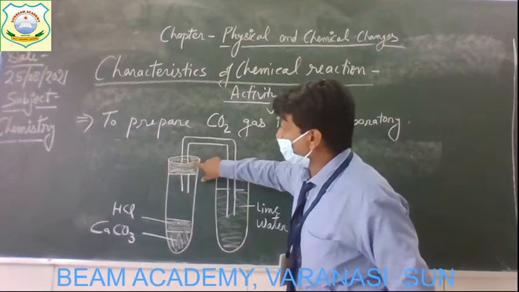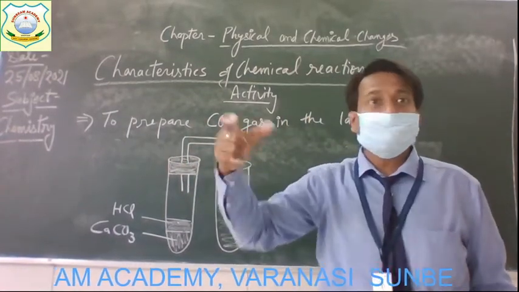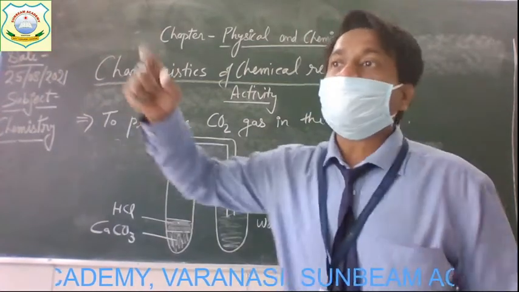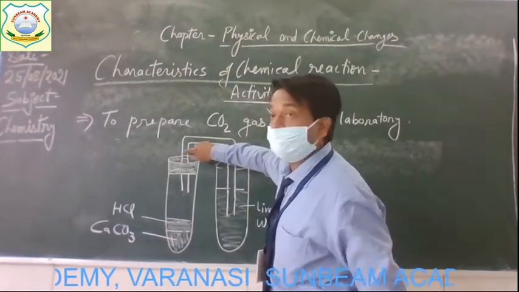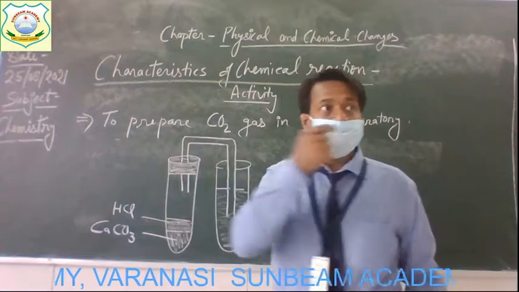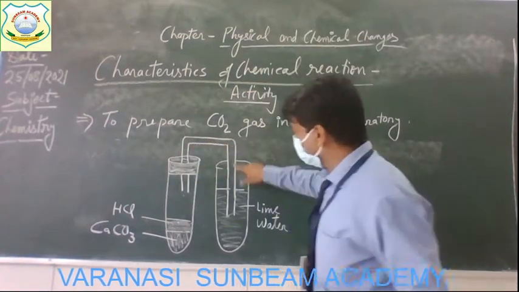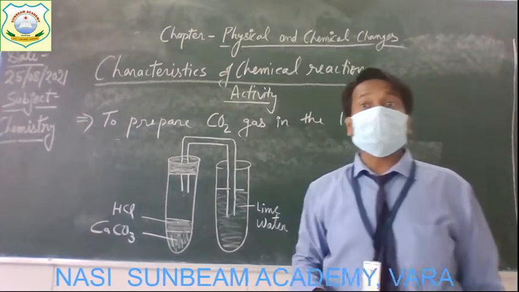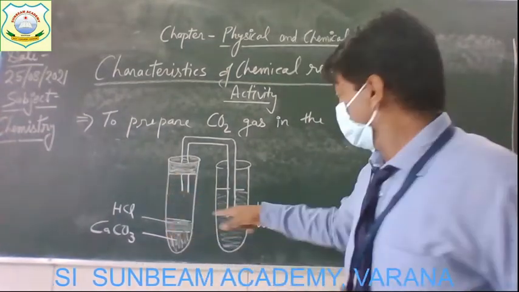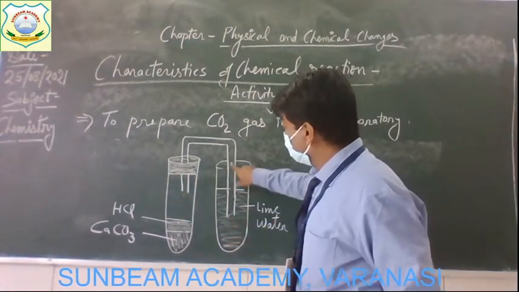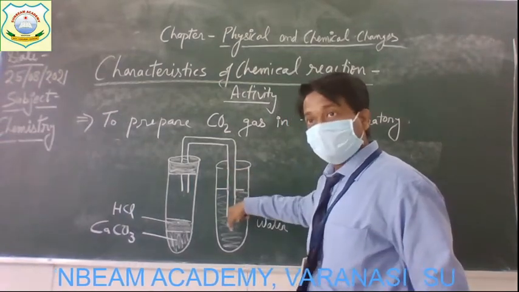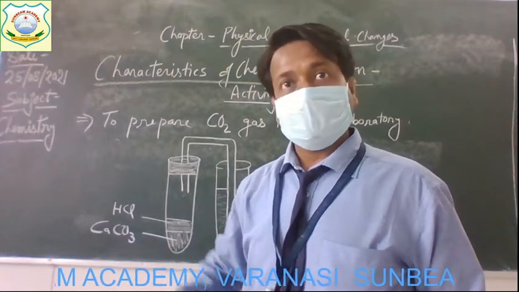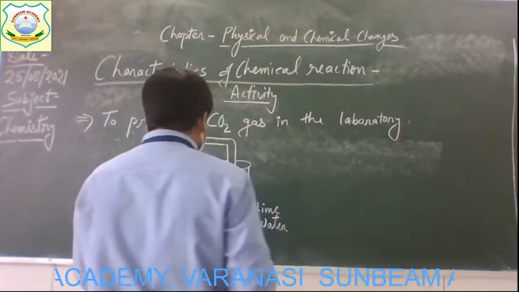And as we have covered the mouth of the test tube, that gas is not allowed to move out. It can only move through this tube. After moving, it will come into this second test tube, where it will go to the lime water, because our tube is inserted in the lime water level. Get it? Now, one more test tube.